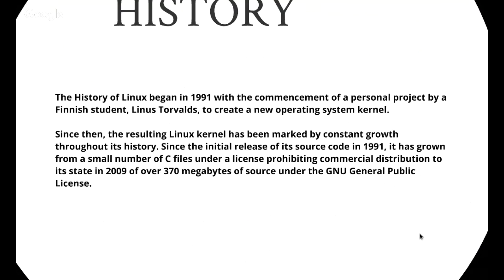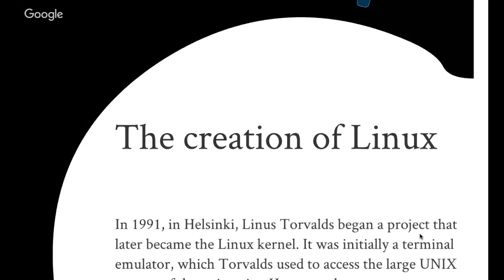Since its initial release in 91, it's grown from a number of C files under a license prohibiting commercial distribution, meaning open source, to its state in 2009 of over 370 megabytes of source and GNU general public license. By the way, Linus Torvalds retired about 3 years ago at the ripe old age of 47. And so, pretty good, right?